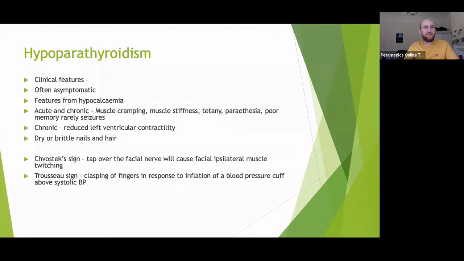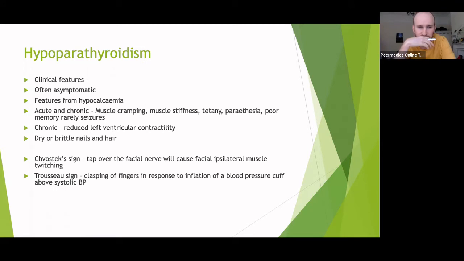Okay, so clinical features of hypoparathyroidism. Again, mostly asymptomatic, but because of the hypocalcemia, they might get muscle cramping, muscle stiffness, tetany. If you think about what calcium is used for in the muscles, it's used at the presynaptic cleft to allow acetylcholine as a neurotransmitter to be released.